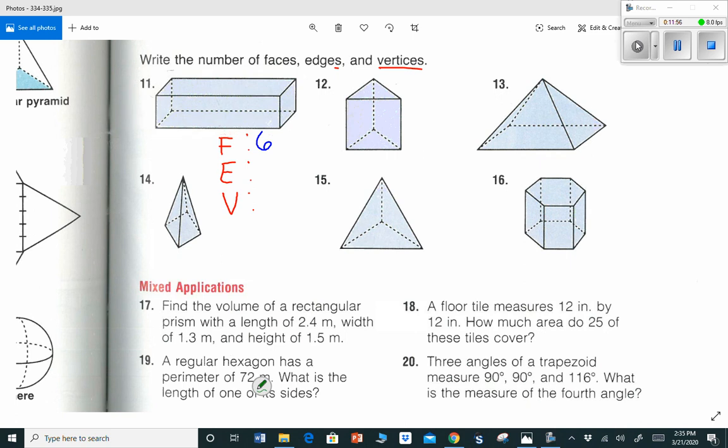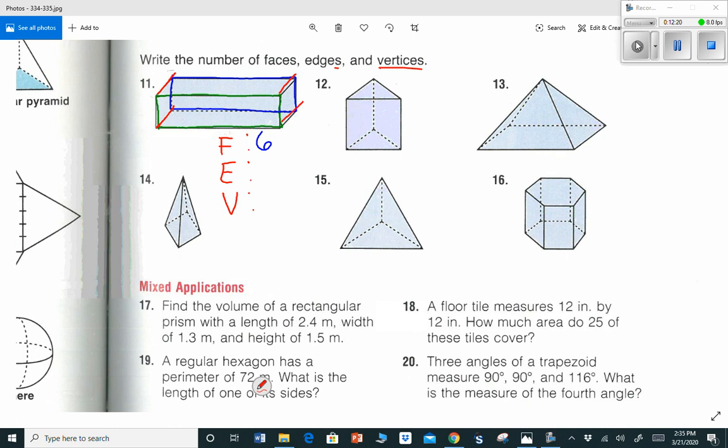Edges are where 2 faces come together. They are lines. We've got 1, 2, 3, 4 around that front face. 1, 2, 3, 4 around the back face. And then we've got 4 more joining those 2 faces.